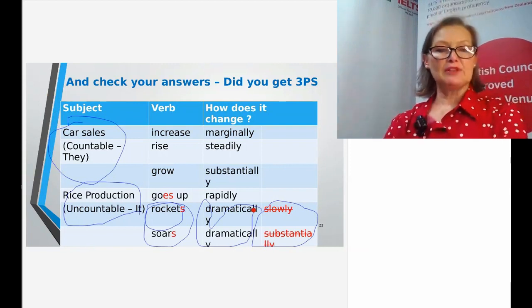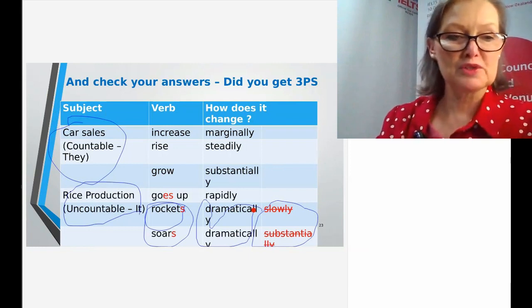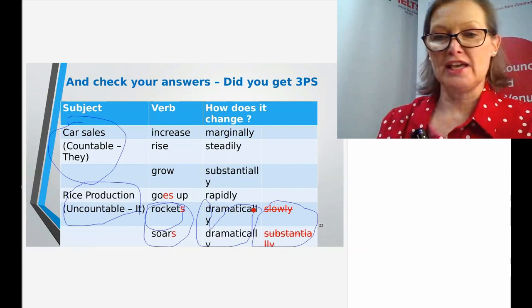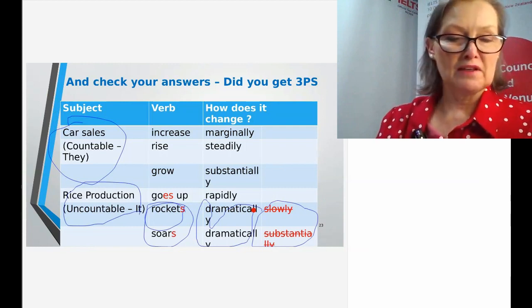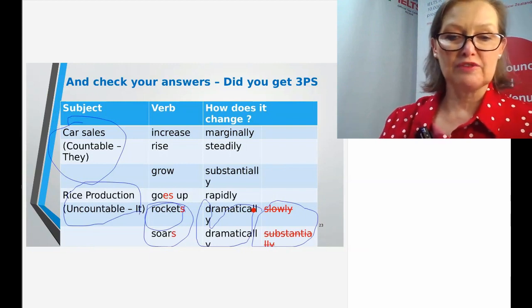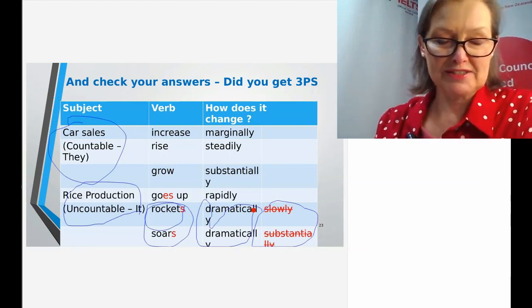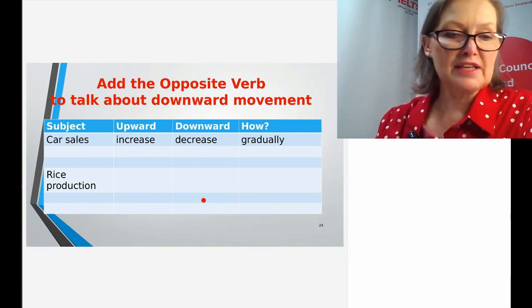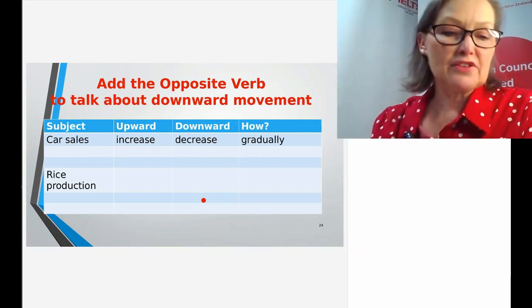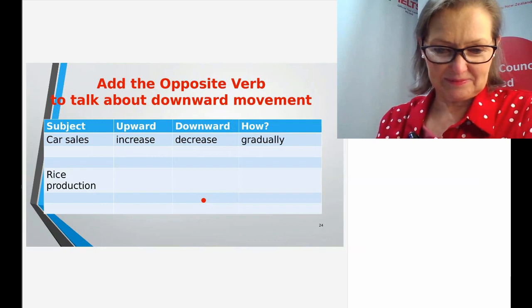So here's a little table, and you can just practice and keep a record for yourself. And you can record all your verbs with both your upward movement and your downward movement. And then you can add an adverb, how, so that you have a list of your upward verbs and a list of your downward verbs in your book side by side. And once again, include both countable and uncountable, so you practice getting that third person singular correct.